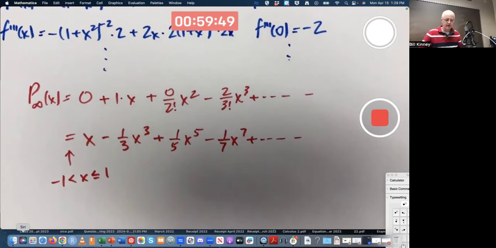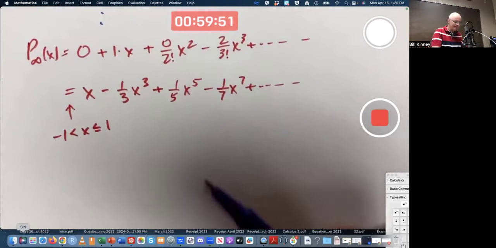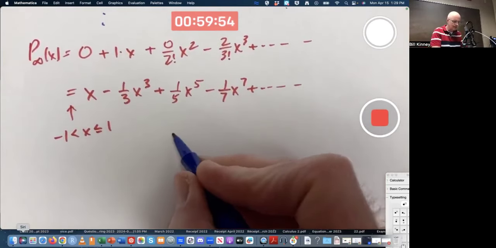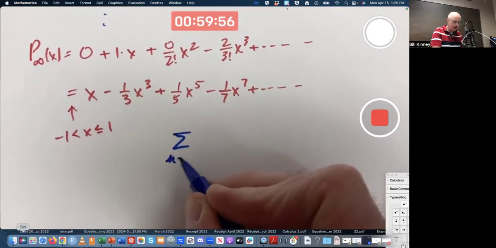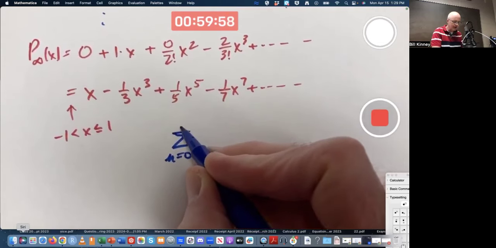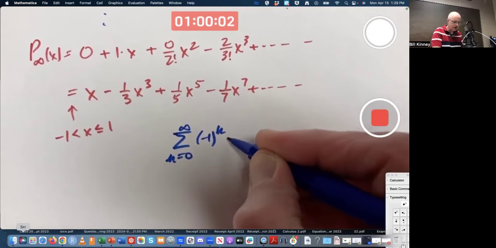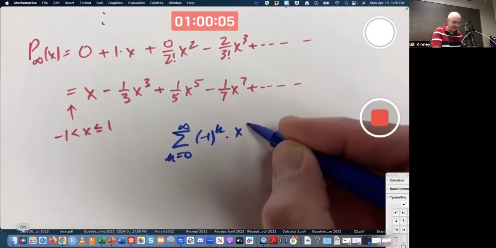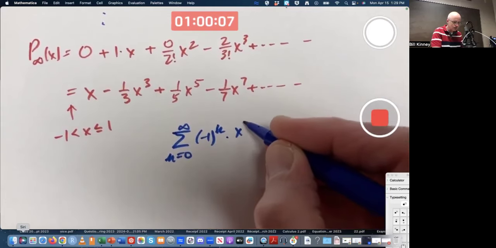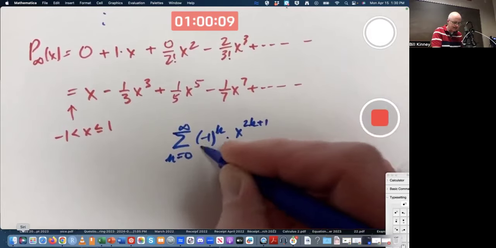Maybe I should also very quickly do a ratio test calculation for this. It's a little tricky. Hang with me here. The general term could be written like this.